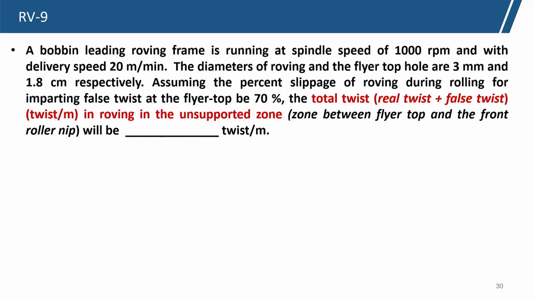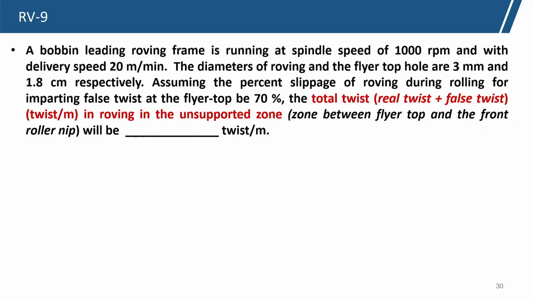Now, another numerical, this is the last numerical probably. Here we can see this numerical is based on the flat top, which is a false twist condition we have discussed already.